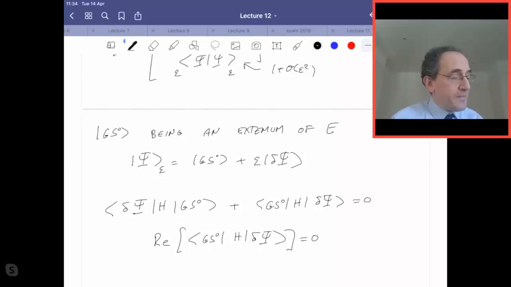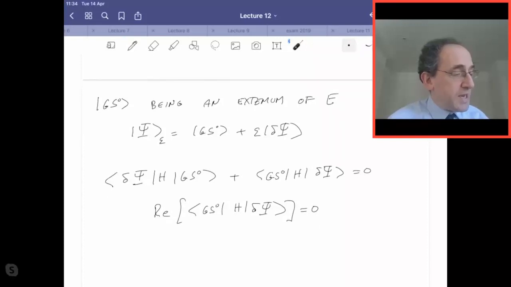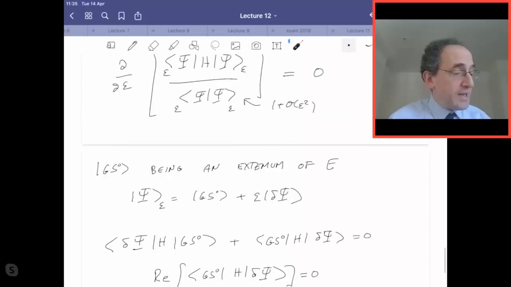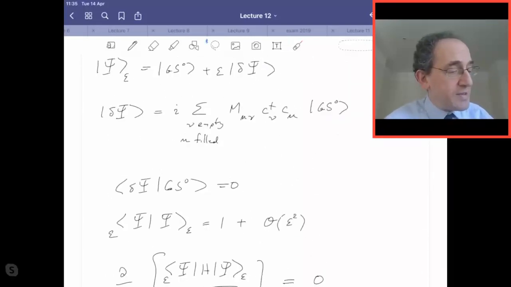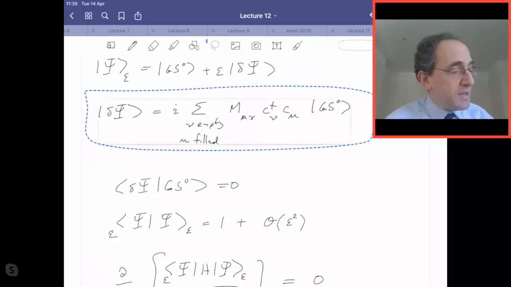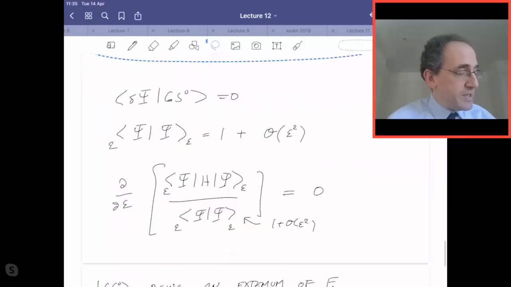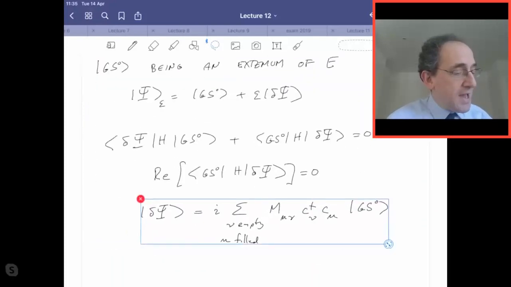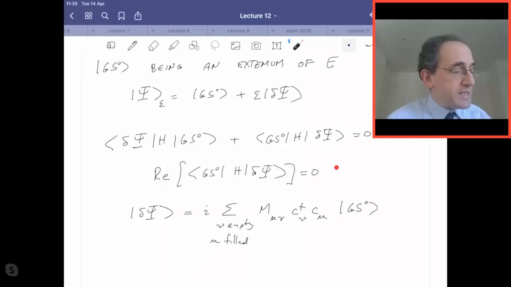So furthermore, this condition which I've written has, remember the definition of delta psi. Sorry, I keep doing all this scrolling. Let's copy this definition of delta psi and put it down here, where delta psi is this, and this condition. This condition, which is putting me at the minimum of an energy, must be true for any matrix M. So any rotation of my basis that changes the wave function, I want it to increase the energy.